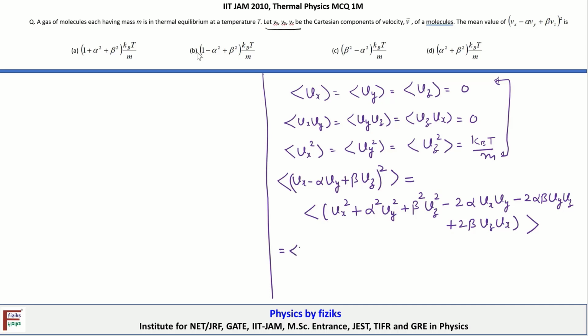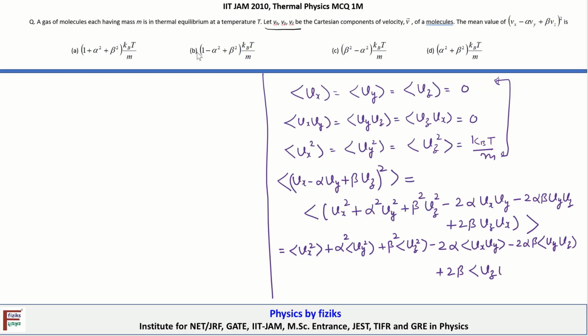Okay, because we are taking the average, this can be further rewritten as the average of Vx square plus alpha square, because alpha is a constant, so alpha square we can take outside, and then the average of Vy square, plus beta square and the average of Vz square, minus 2 alpha and then the average of Vx Vy, minus 2 alpha beta and the average of Vy Vz, plus 2 beta, the average of Vz Vx.